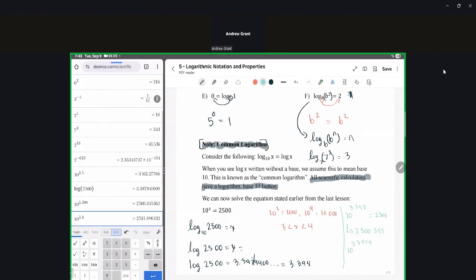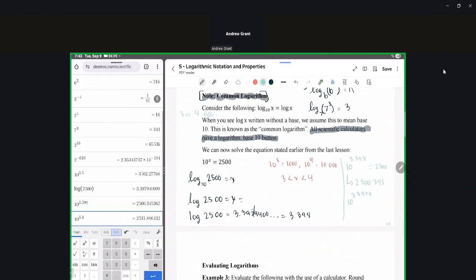If we call this 3.4, we end up being off by 11. So customarily, 3 or 4 decimal places is appropriate. For our purposes, I will only use the base 10 button.